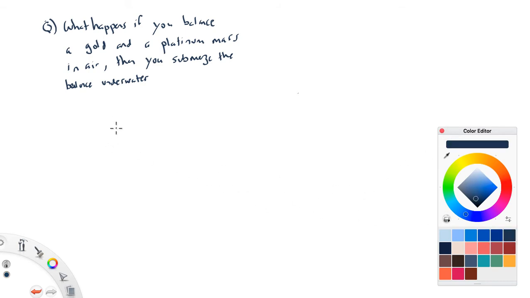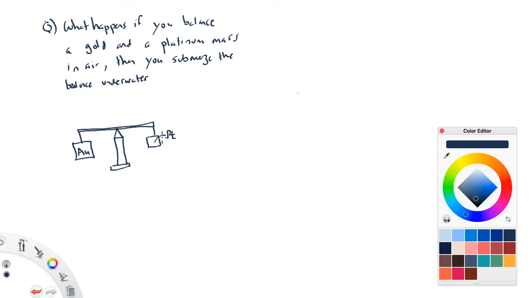Let's suppose we have this balance. Okay, this is just a regular laboratory balance. And we hang from one side a block of gold, and we hang from the other side a block of platinum.